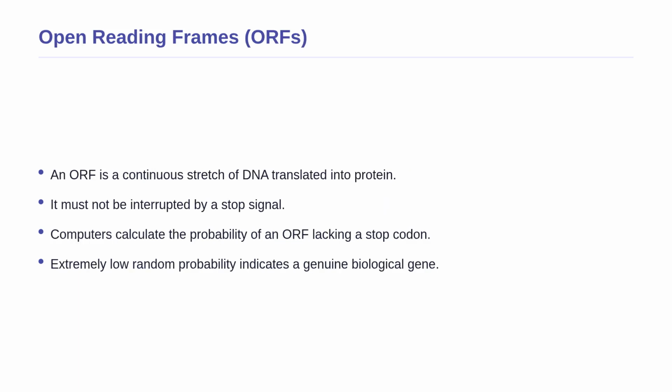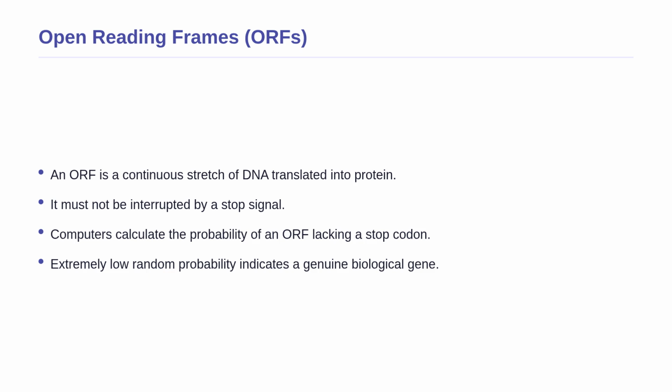To annotate a sequence automatically, computers must first find an open reading frame, commonly known as an ORF. An ORF is a continuous stretch of DNA that can potentially be translated into a functional protein without being interrupted by a stop signal.